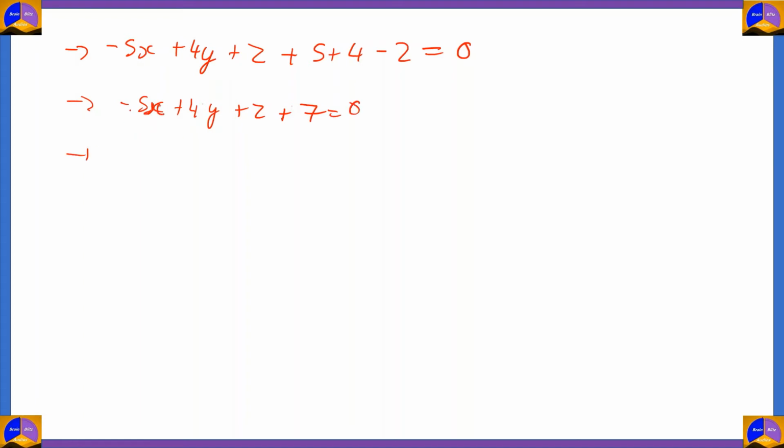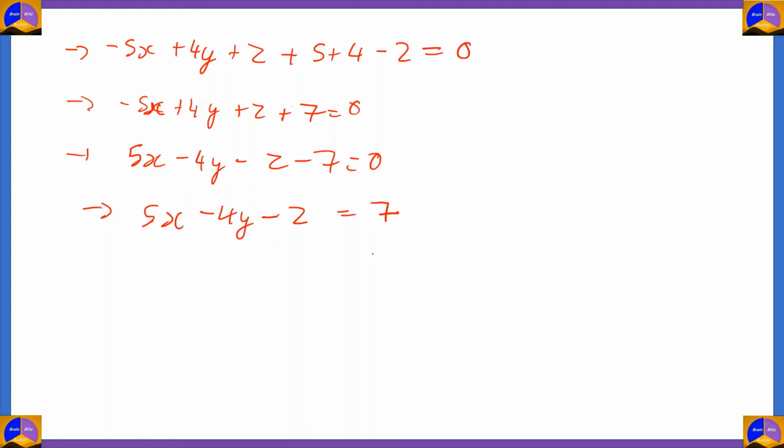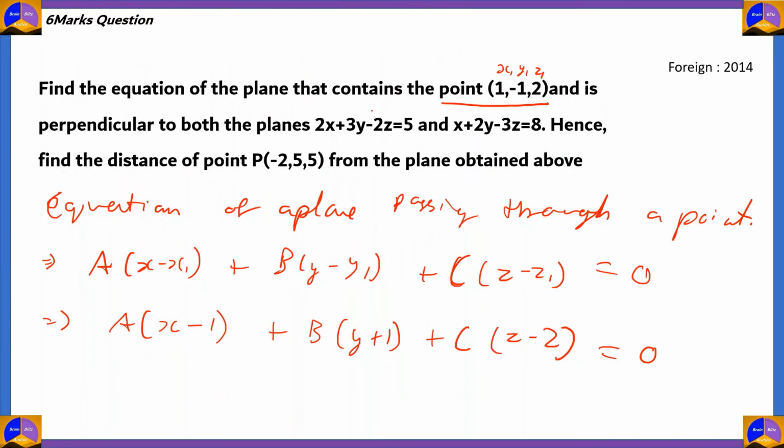And I'm converting minus 5x to positive 5x, so I'm multiplying minus across all of these. So I'll get 5x minus 4y minus z minus 7 equals 0. And on converting it to standard Cartesian form, we'll get 5x minus 4y minus z equals 7. So this is the Cartesian equation of the plane.